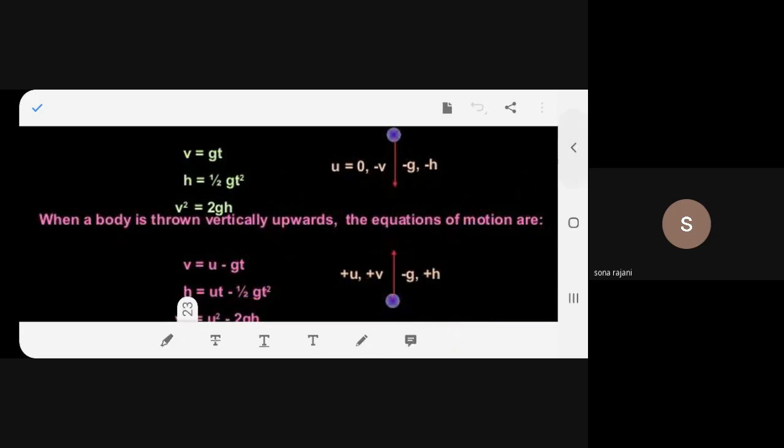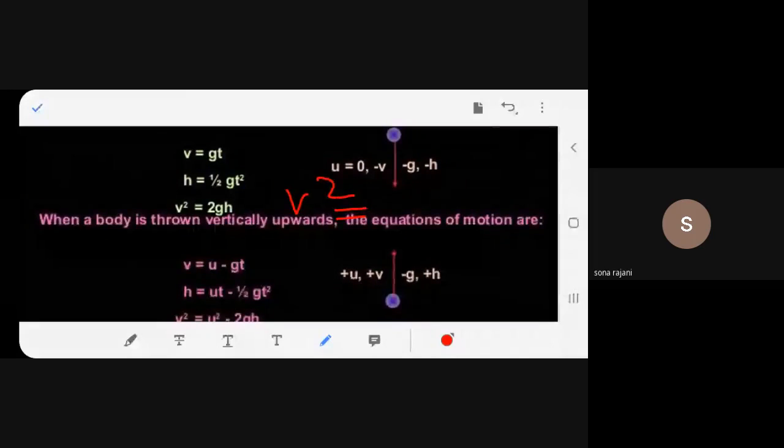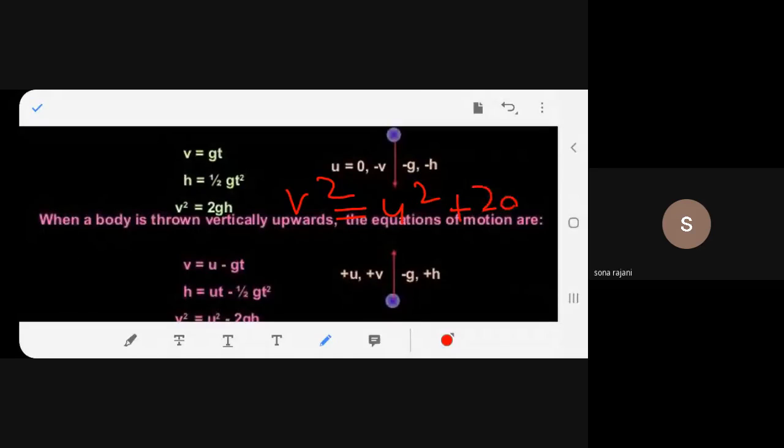The third equation, v square is equal to u square plus 2gh. Remember, v square is equal to u square plus 2 into minus g into h.